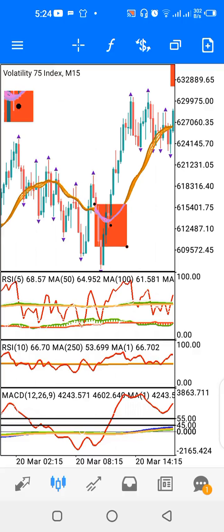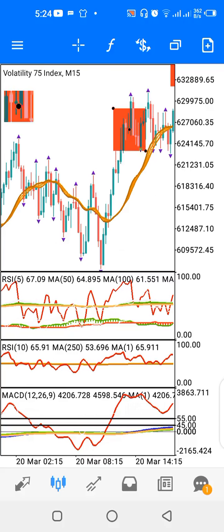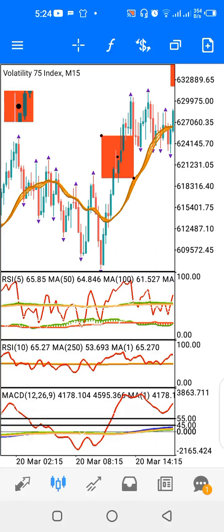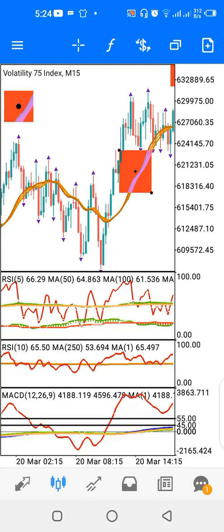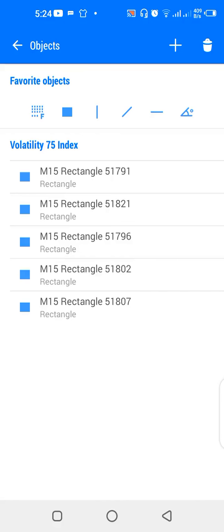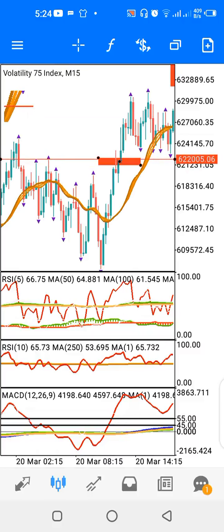But when it crosses and makes three bullish candle closes, you have the first bullish candle close here, the second and the third. At the third close, a bullish candle close above the moving averages around here, that's where you have your buy signal.